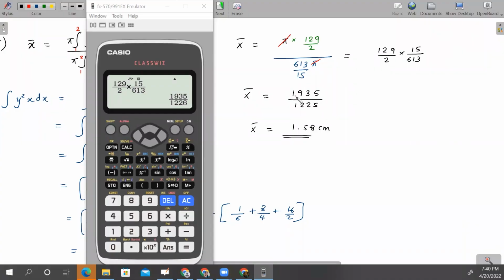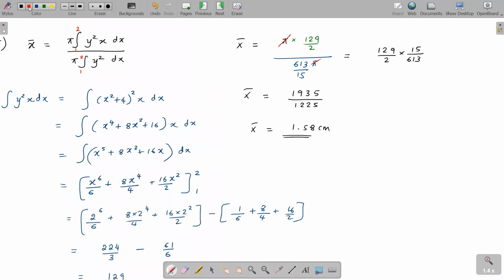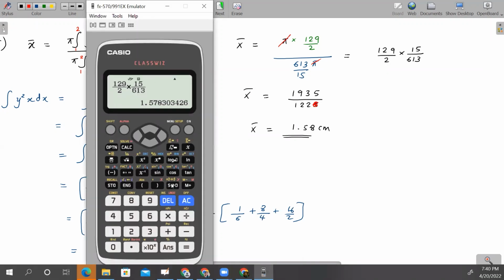So this is 1935 over 1226 here, right? So give the values correctly, 1226, which when you take it to 3SF, 1.5783.